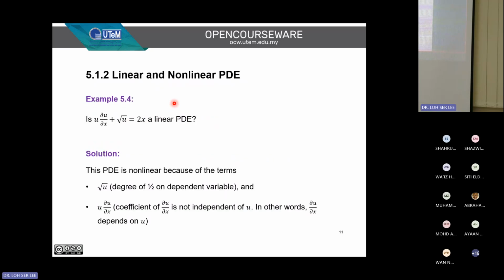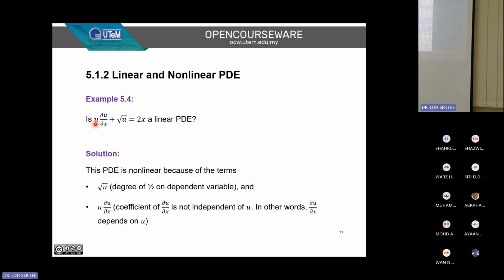If you look at the second example, now we check for the first criteria. This is UX power of 1. This is U power of 1. This is U power of half. So this violates the criteria. So this is a non-linear PDE because of the U power of half. If we check for the second criteria, this is UX, but the coefficient is U again.